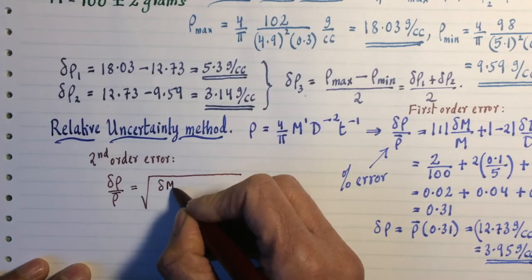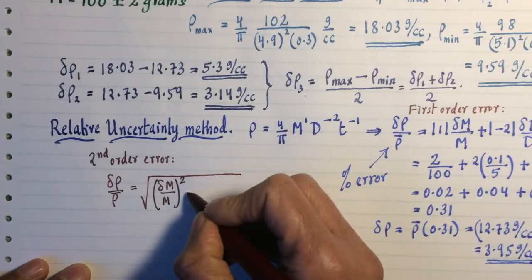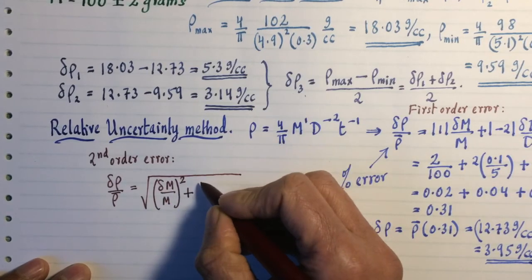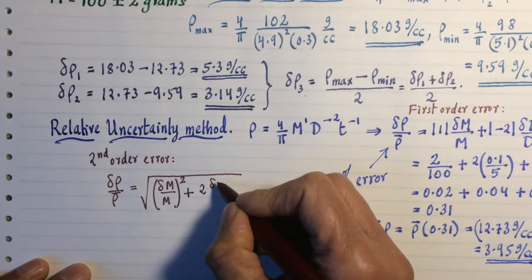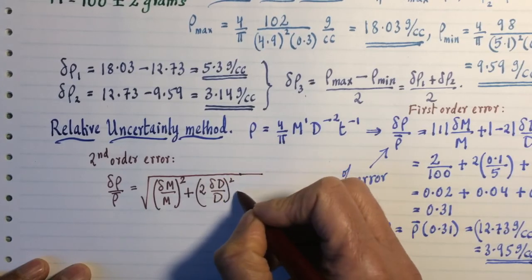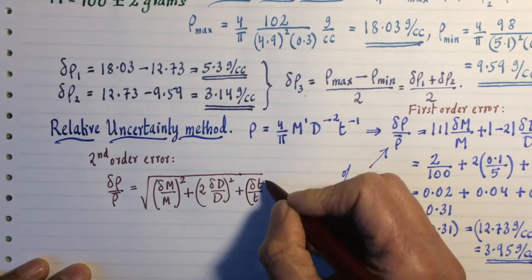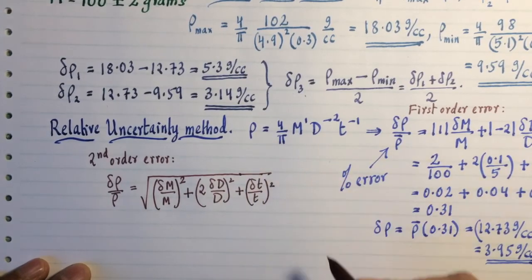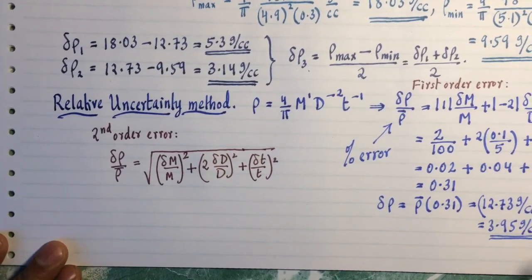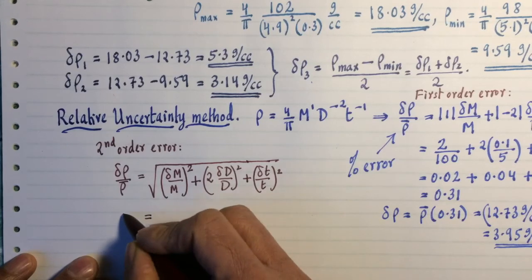It's actually really simple. It's whatever you had in the first order error, you put inside the square root and square each term. That's all it is. Now if you square each term, you don't have to worry about the negative sign. Alright, you do that, and then you substitute all the values in and calculate delta rho.